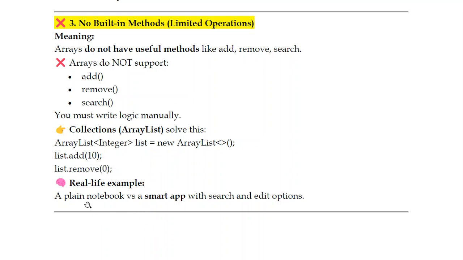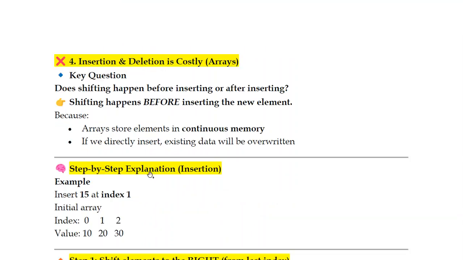Real life example: a plain notebook, that is the array, an empty notebook, versus a smart app with search and edit options, like our mobile notes app itself. There will be options for edit, undo. That is the advanced one, like Java collections. But with a plain notebook you have to do add, remove, search manually. It will not be supported.